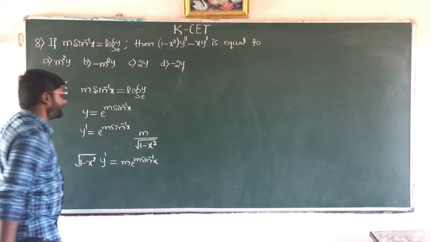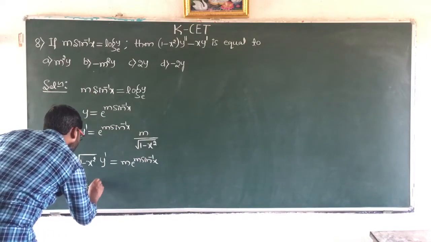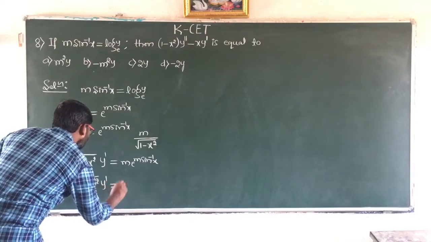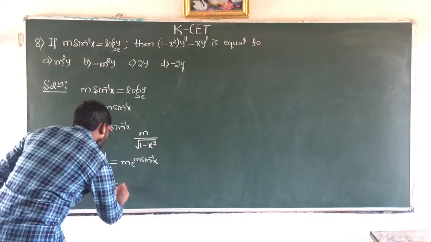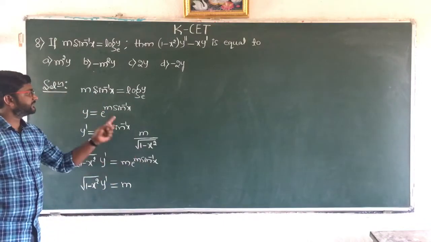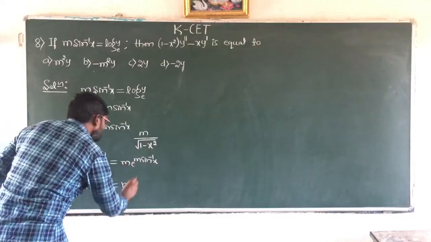So now under root 1 minus x square y dash is equal to m into, so what is this e raised to m sin inverse x? E raised to m sin inverse x is nothing but y. So I replace this as y.